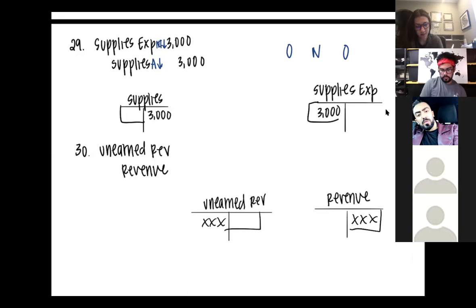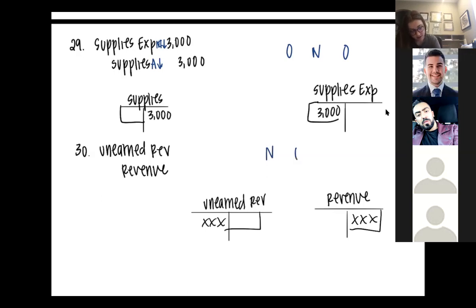Nothing happens to assets because they're not affected. Unearned revenue was, you said understated? No. Our liabilities are going to be overstated because we had to lower it and we didn't lower it. And then our revenue wasn't recorded, so our net income is understated. Does that make sense?